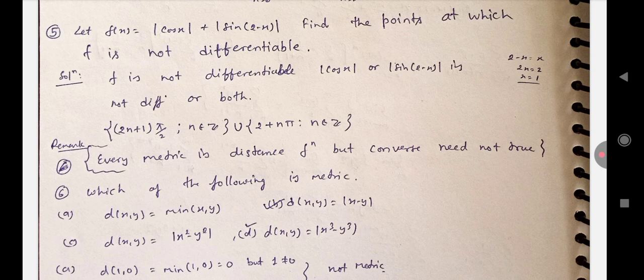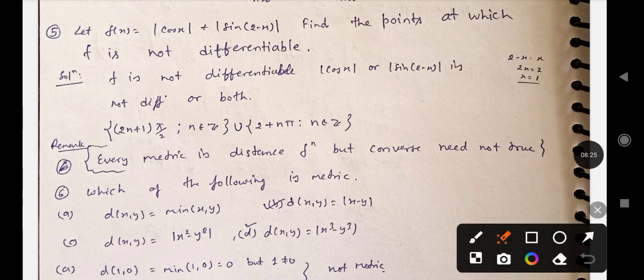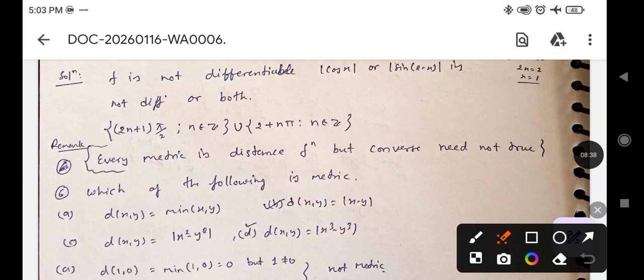If f is not differentiable, it means either this first function is not differentiable or this second function is not differentiable. Both can also happen.